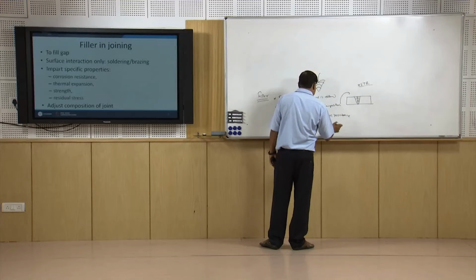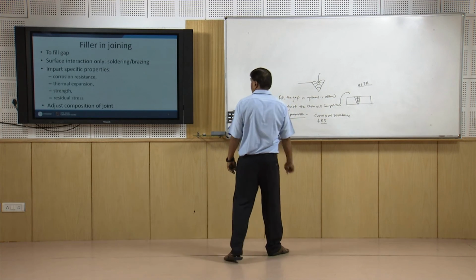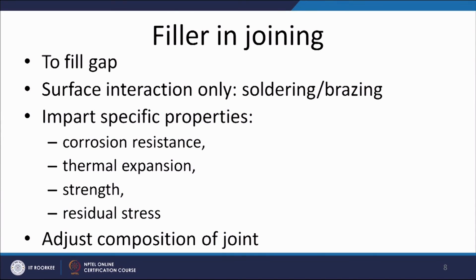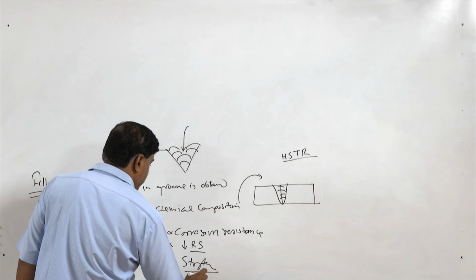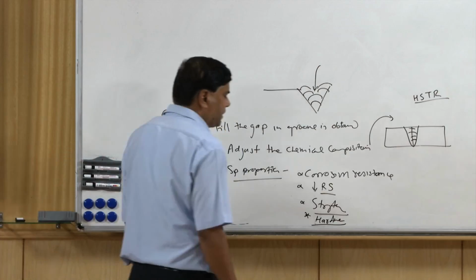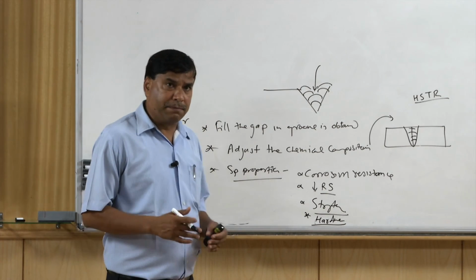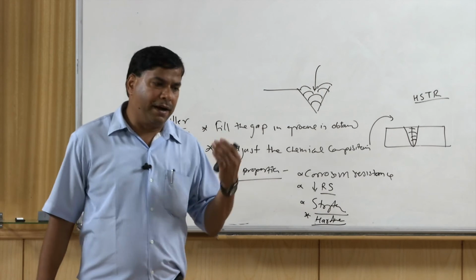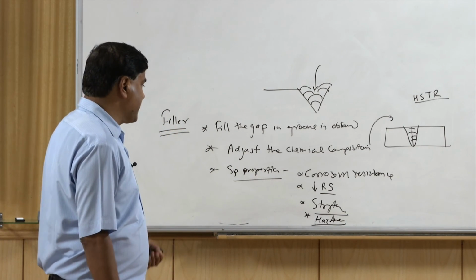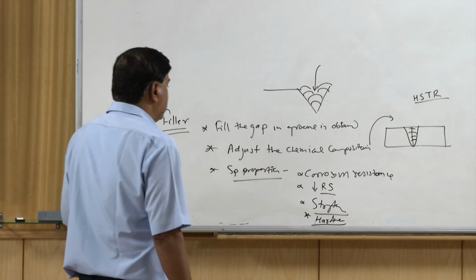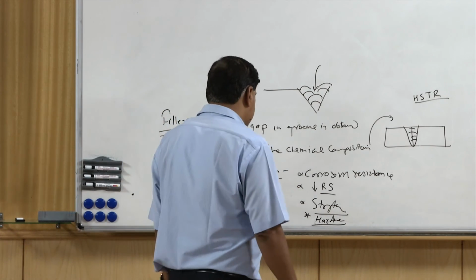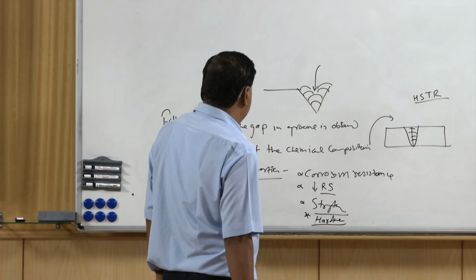So, improving the corrosion resistance, reducing the residual stresses, and having the desired combination of strength. Sometimes the filler metal is selected to have much higher strength or much higher hardness, say for wear resistance applications, where it is possible that the weld can erode. So, the high hardness filler metal is added, which will help in improving the wear resistance.